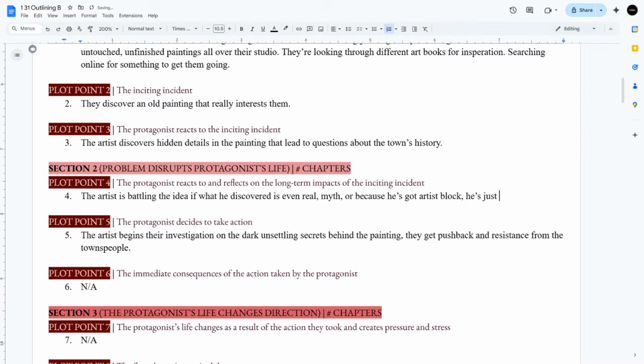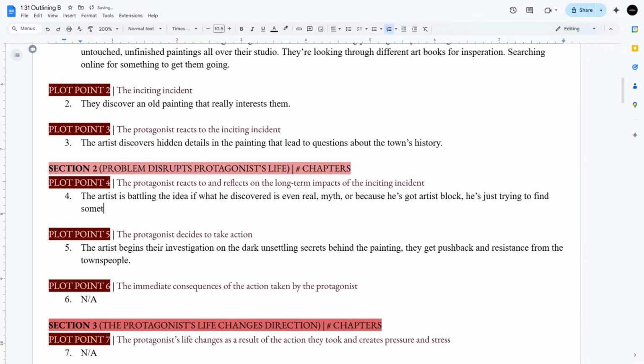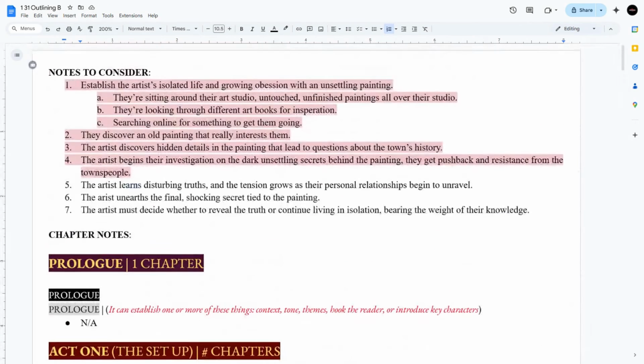He's just trying to find something to distract him from painting. All right. And then the artist begins their investigation.